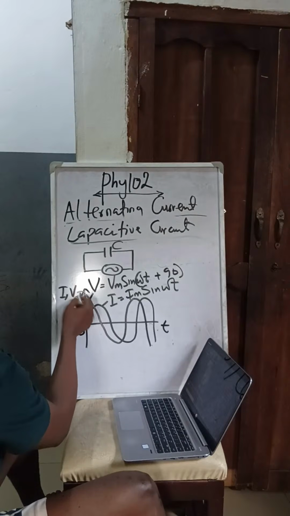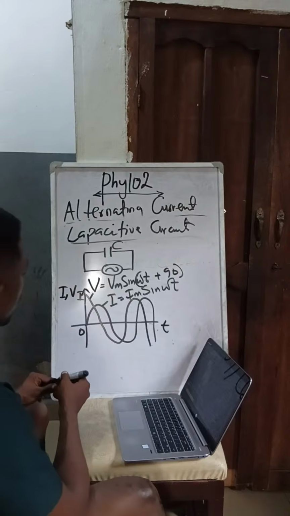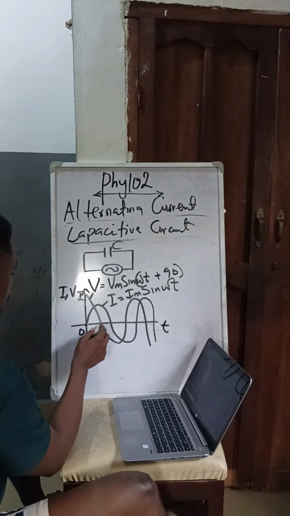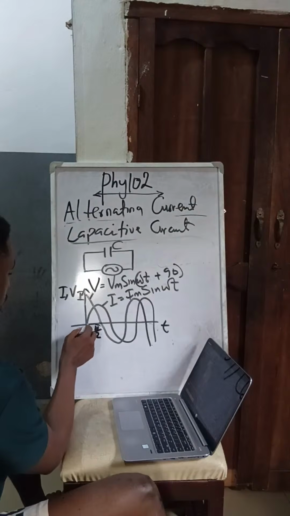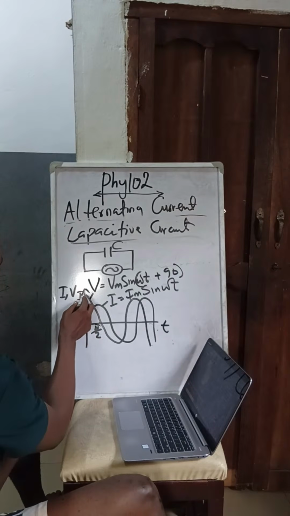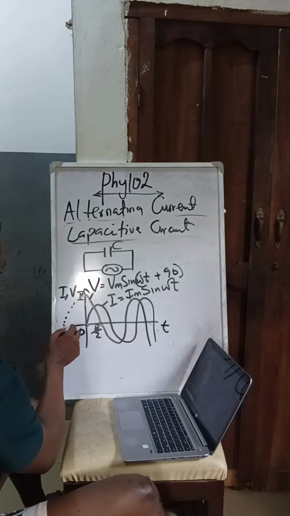I can say this is cosine 1. Now, this point here is 0, here is pi over 2. This is 0. So current is leading, because if you bring this down, you see that this is minus pi over 2.